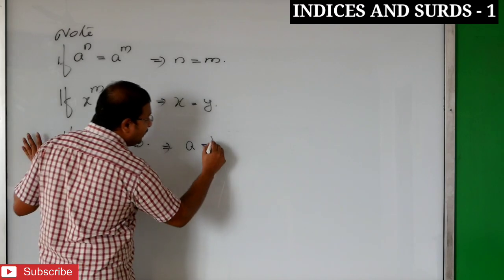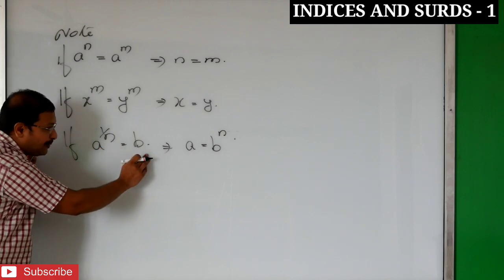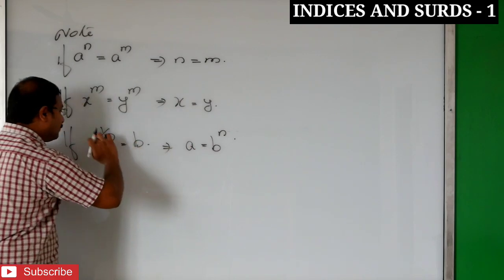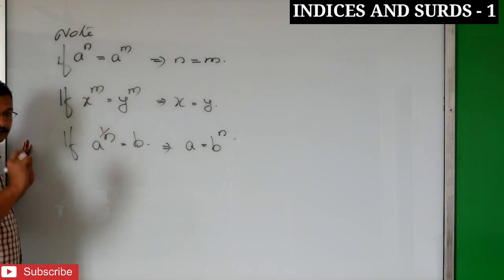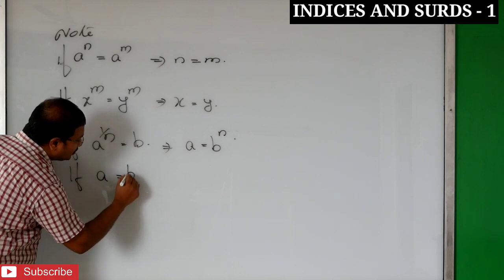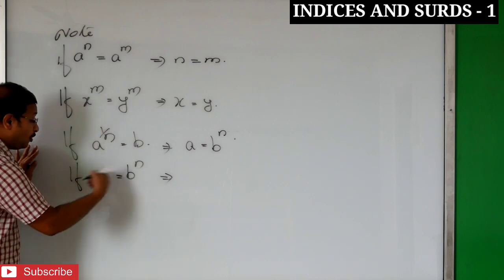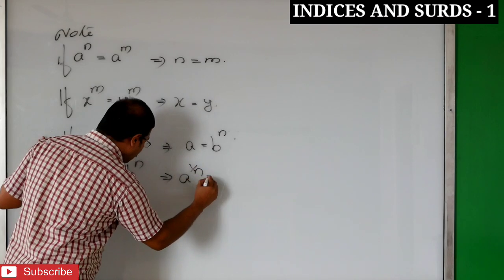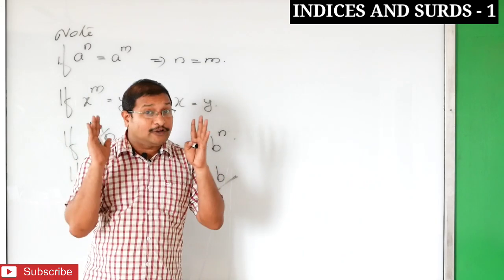Same style, if a equals b raised to n, then what can you write? Yes, the opposite. This power goes to the next side: a raised to 1 by n equals b. So these are very important equations, so you need to study and keep them.